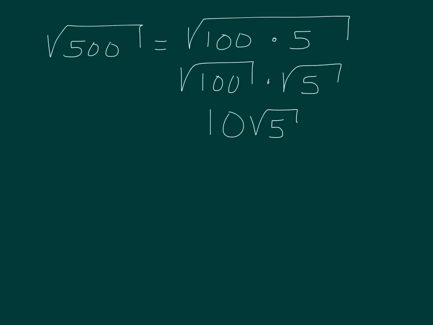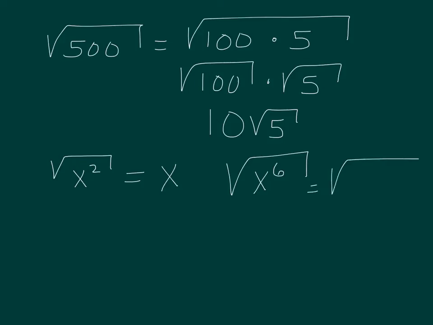How does this work with variables? Well, the square root of x squared is x, because x times itself will give us x squared. If I had something like x to the 6th, I might think of this as x squared times x squared times x squared.